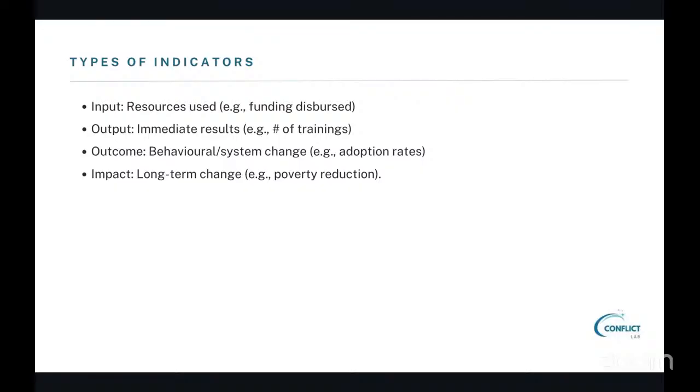But if it's a shorter project, your impact would be that 40% of them are using the training materials to do their farming. Or if it's a long-term impact, again, you will have a few more steps, a few more activities.